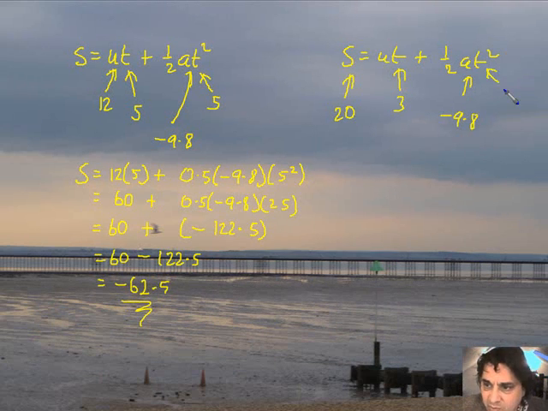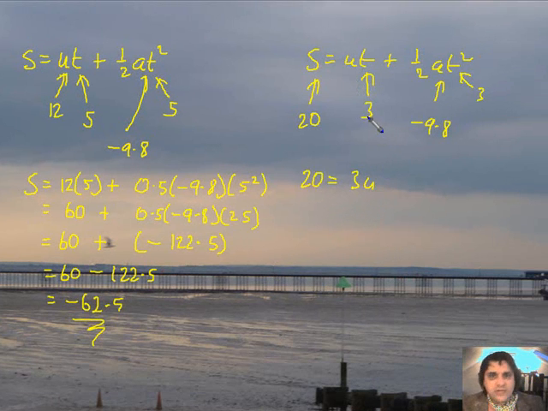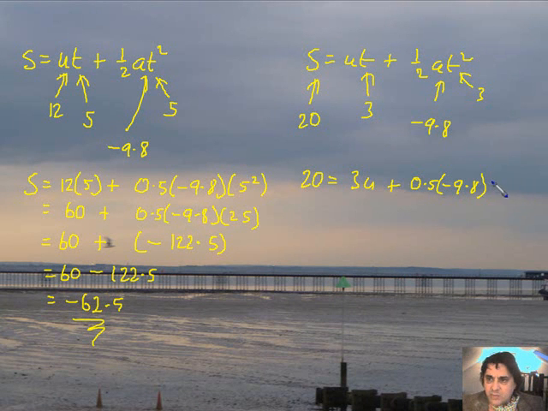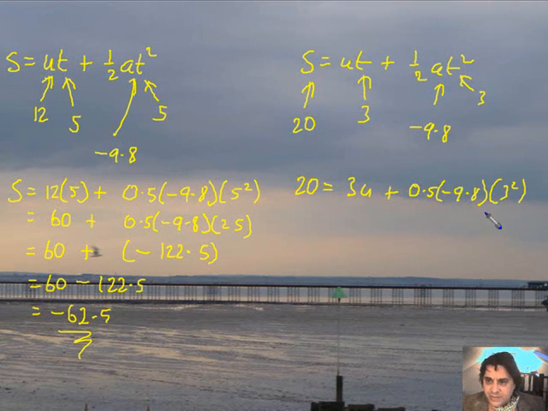And the time is still 3 seconds. Lovely. Now, get good at BODMAS, will you? Here we go. 20 equals 3 times u, because u times 3, 3u, plus half times the acceleration, minus 9.8, multiplied by 3 squared.